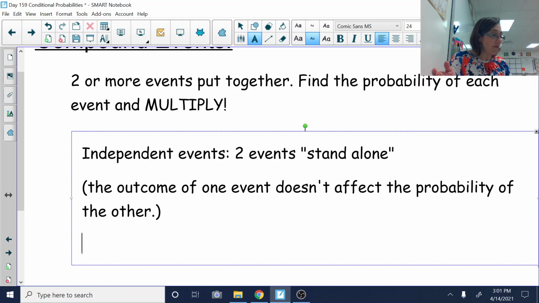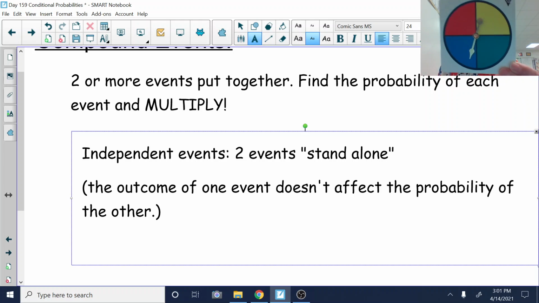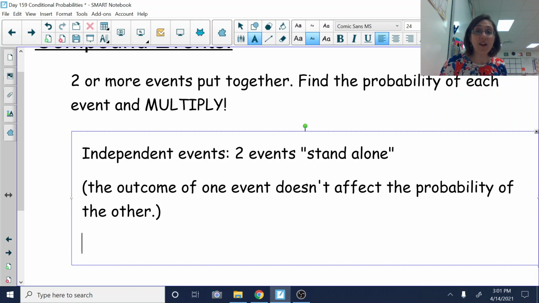So that would be like if I'm going to spin the spinner and then I'm going to roll this dice. Does what I get on the spinner have any bearing on what happens with this dice? No, that doesn't make sense at all. They're completely independent of each other.